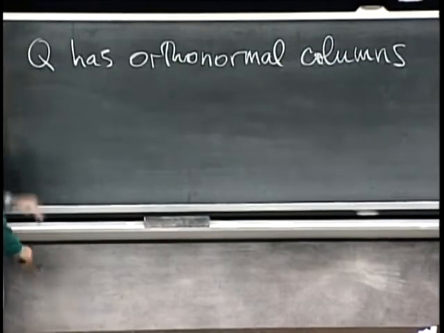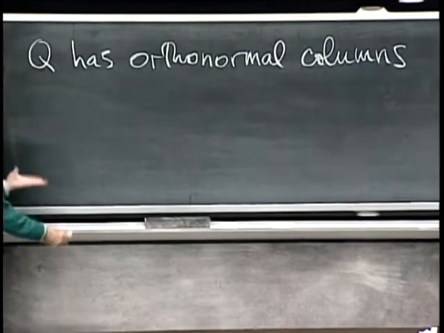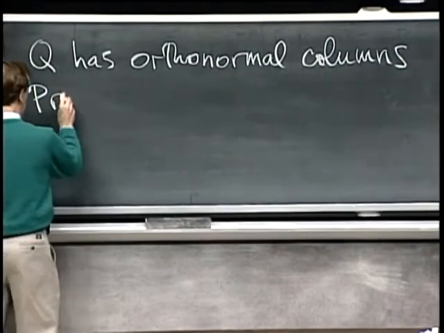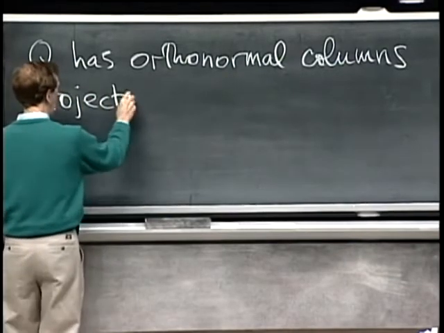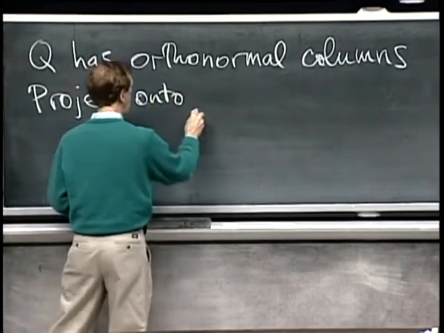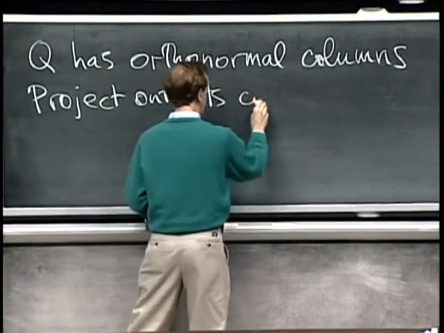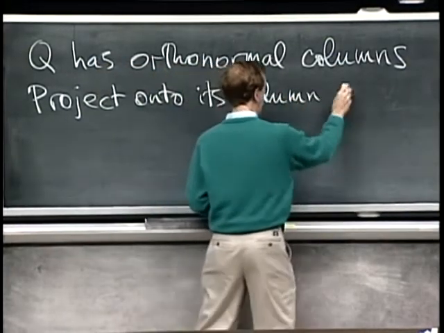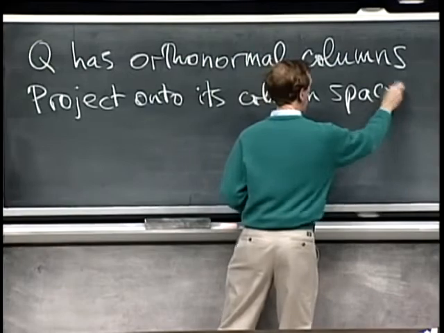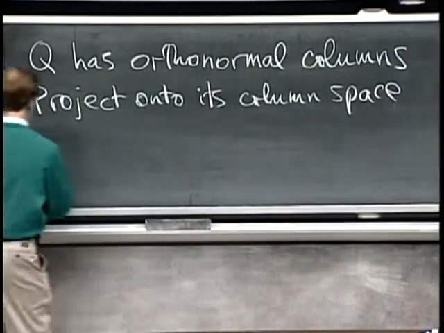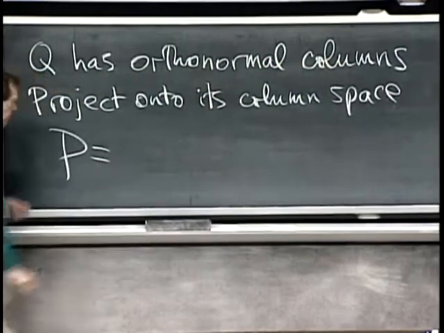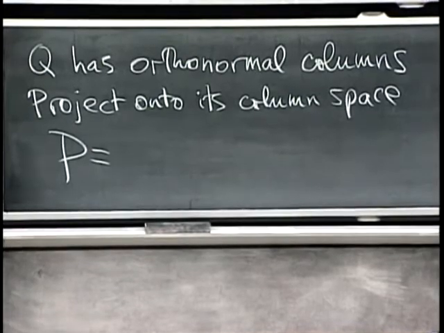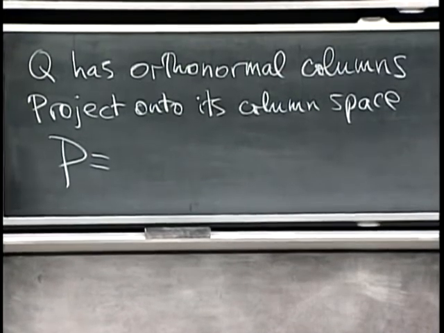So suppose I want to project onto its column space. So what's the projection matrix? What's the projection matrix if I project onto a column space?